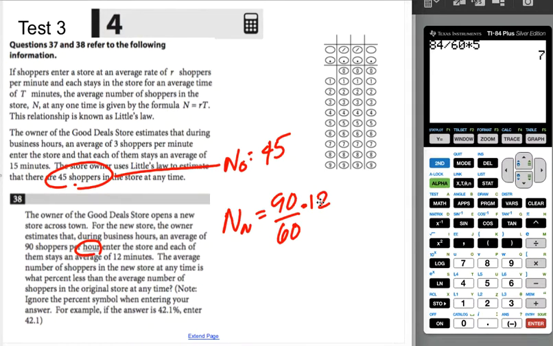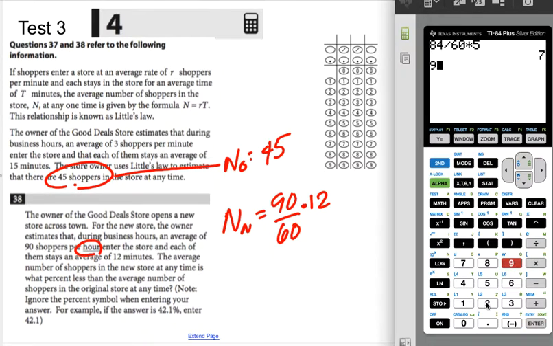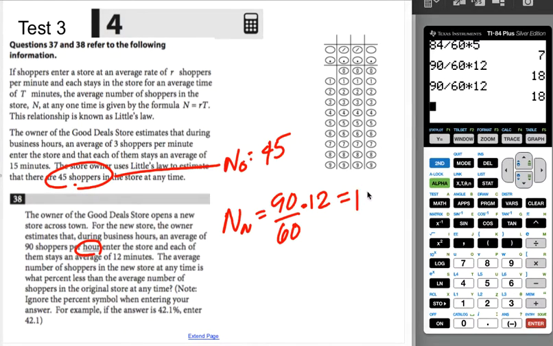Again, you have a calculator. If you want, you could do the 12 and the 60 cancel to give you a 5 in the denominator, and that should give you an 18, because 90 divided by 5 should be 18, but certainly you can just type it in a calculator. That's absolutely fine. So we get 18, so there's an average of 18 shoppers at any given moment in the store.